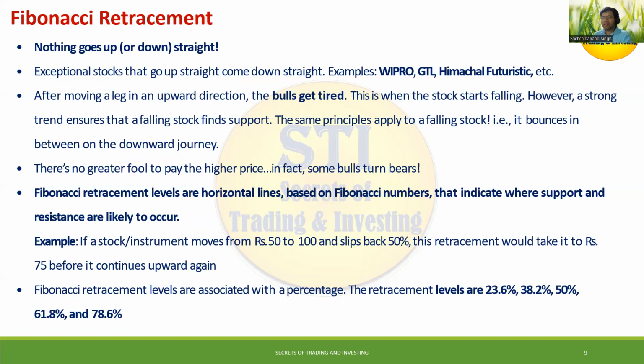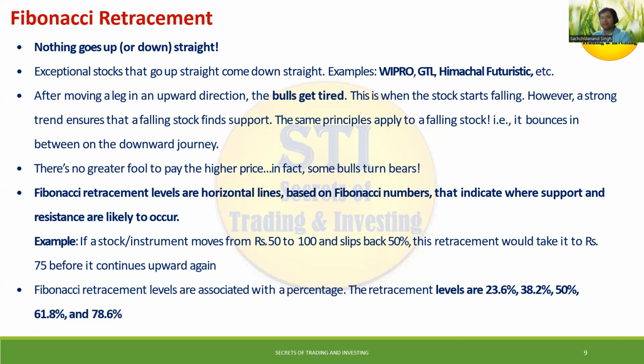No matter whether the stock is in an uptrend or downtrend, the movement will not happen in a straight direction. There might be some exceptional stock that goes straight up, but that is a very rare scenario.